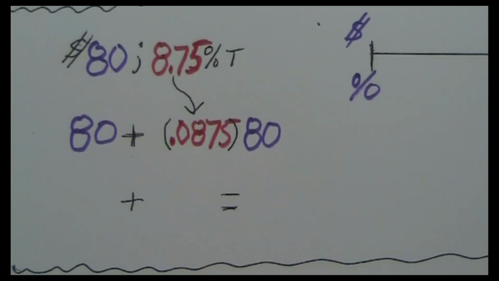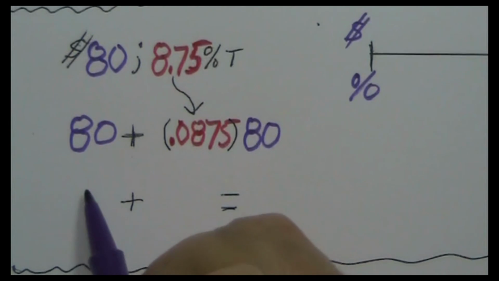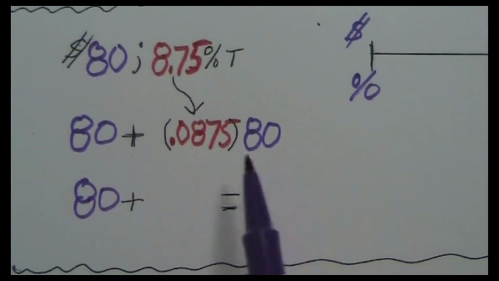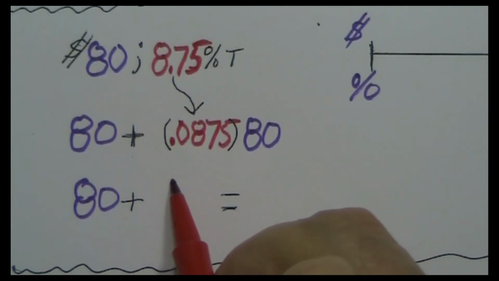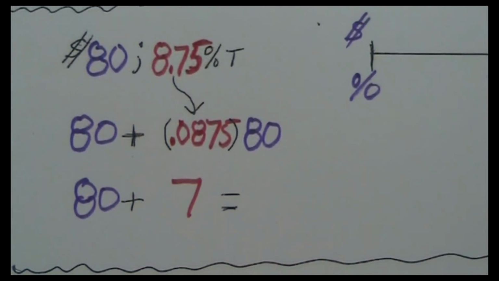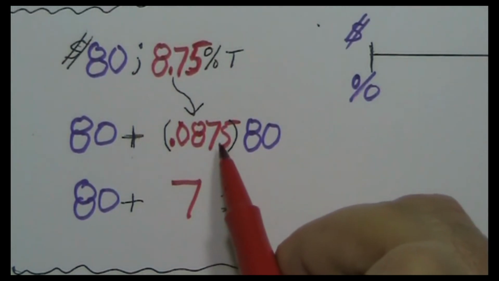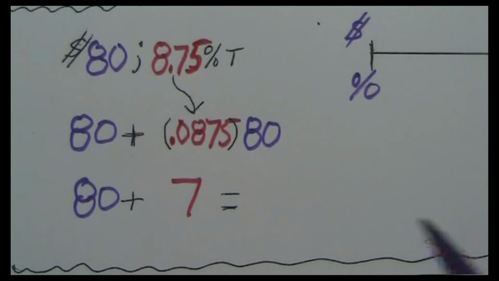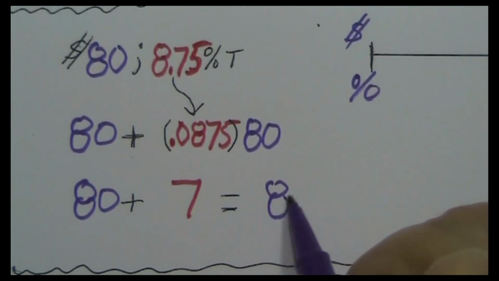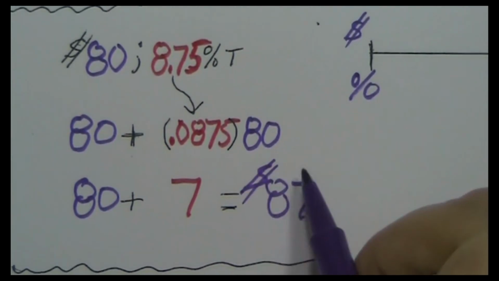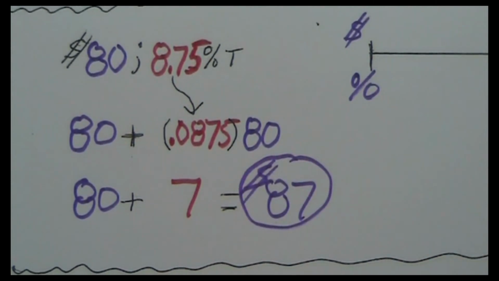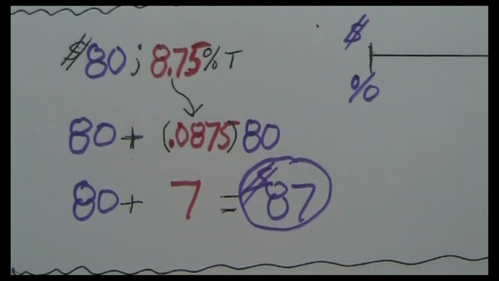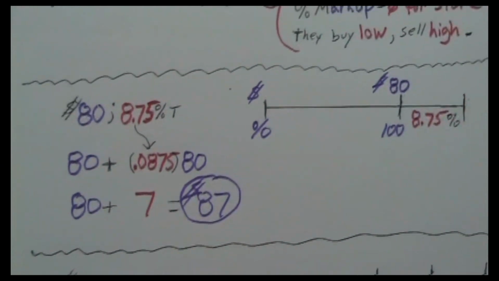So what does that leave us with? Let's see, we have $80, and if you calculate this, it comes up to $7. .0875 times 80 is 7. So that means our total is $87. That's how much it would cost with the taxes.